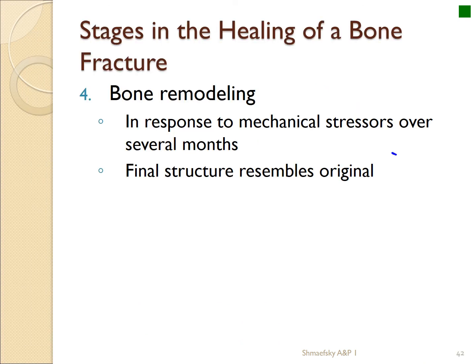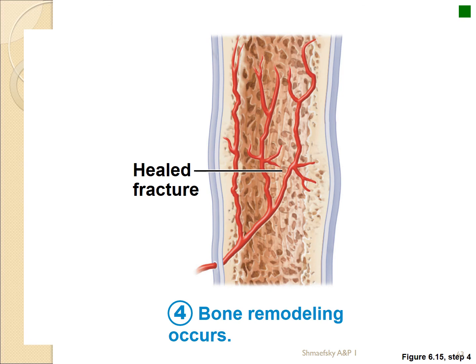In the last step of bone remodeling, what we're doing is now taking that kind of spongy bone and trying to bring everything back to normal. And look, there's still a little bulge there, but now the spongy bone here has been turned into a compact bone that's either going to be osteon or laminate, and that's being carried out actually by the periosteum.